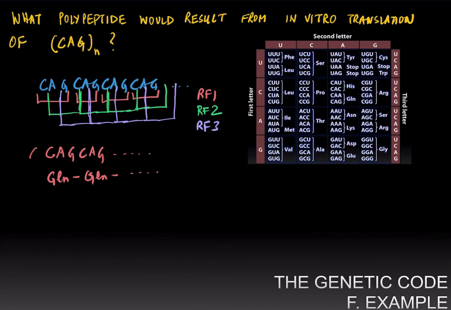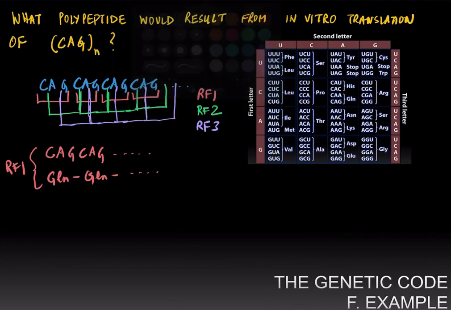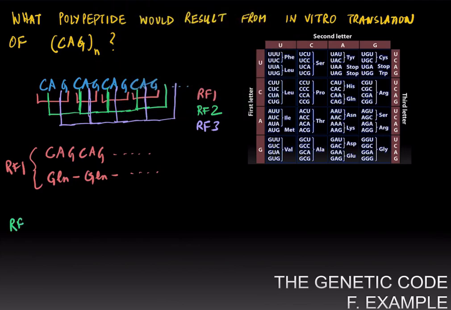So that's situation 1. And situation 2, which is if you are in reading frame 2, is going to be if the first letter happens to be A, so that we have AG, then CAG, CAG, CAG, and so on.